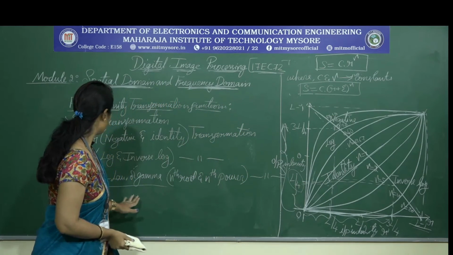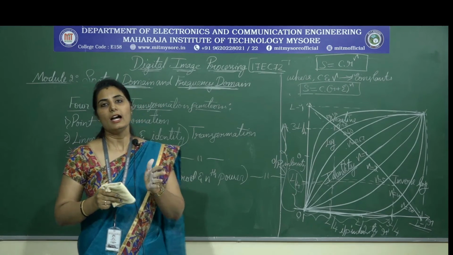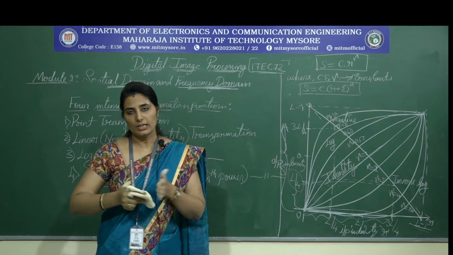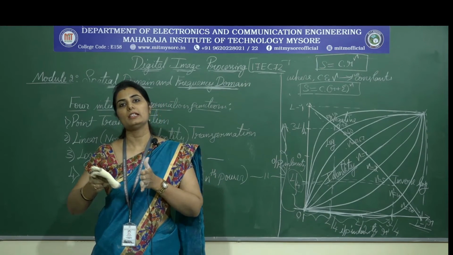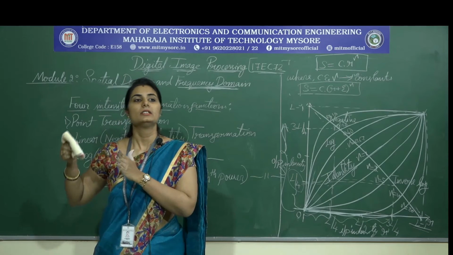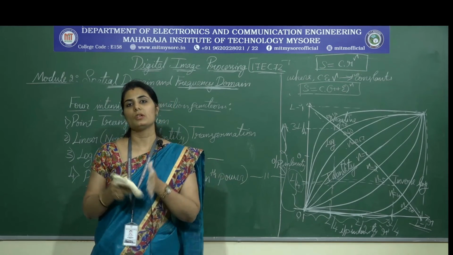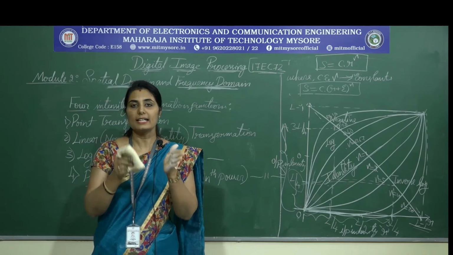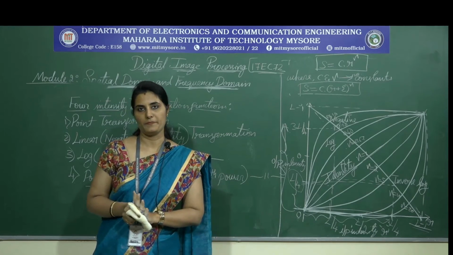So we go for gamma transformation in case where I need to expand the darker region, or I may need to compress some range of intensity levels. So usually this is used to expand or compress certain range of intensity levels depending on the value of gamma.